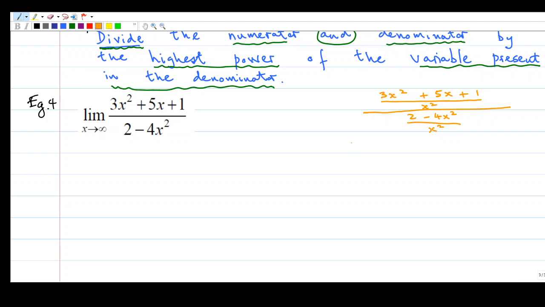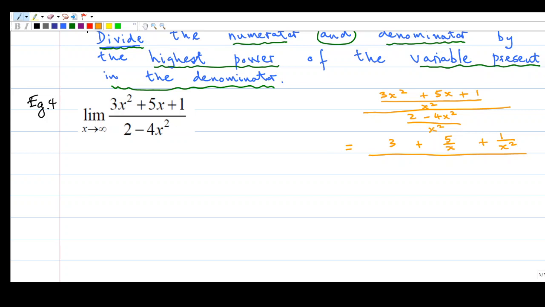So now I simplify. Right? I divide each term by x squared. For the numerator, that's going to give me 3 plus 5 over x plus 1 over x squared. Right?